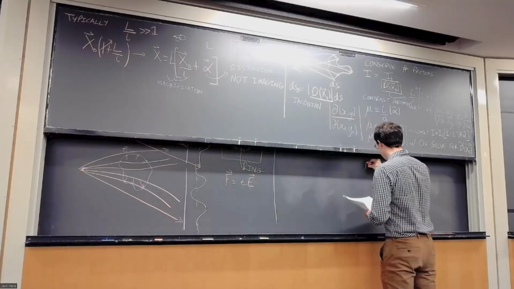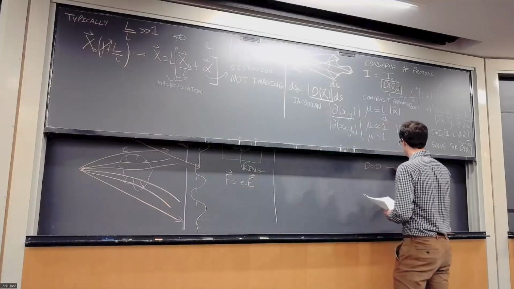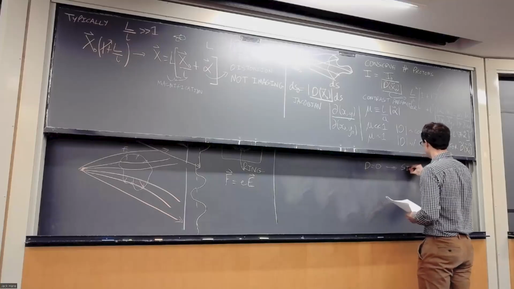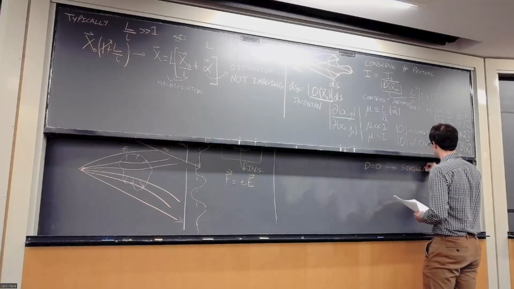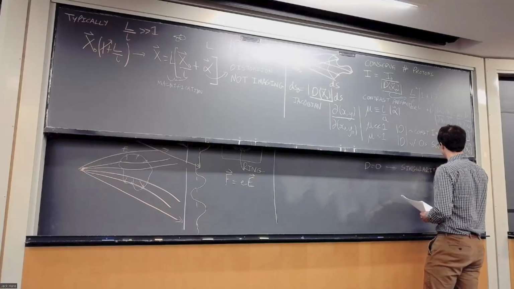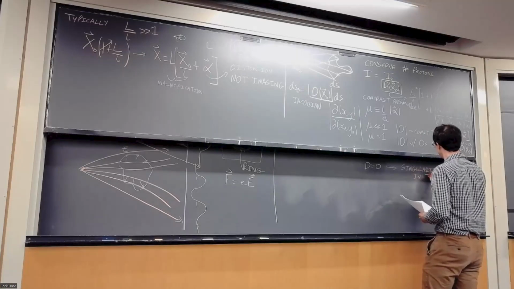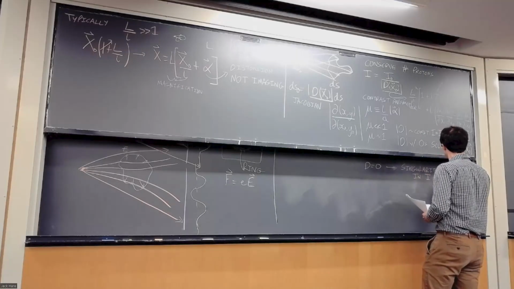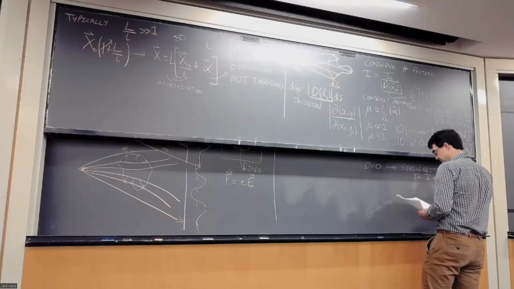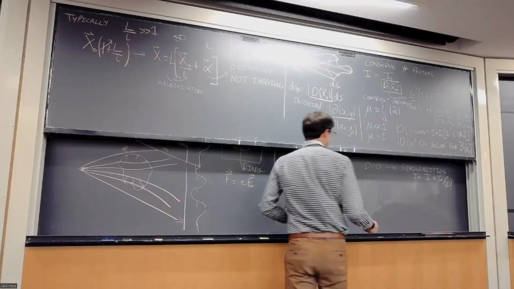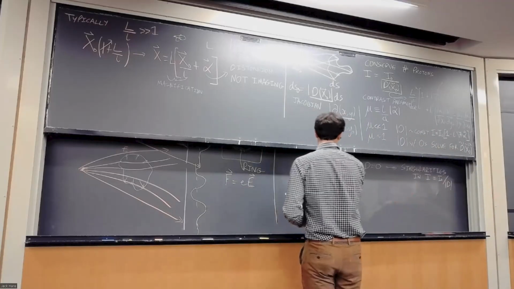So we have D equals 0. We get singularities in I. I is equal to I0 over the size of D. And this corresponds to proton trajectories crossing.